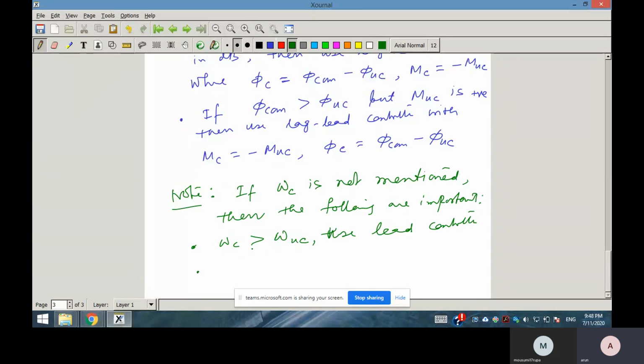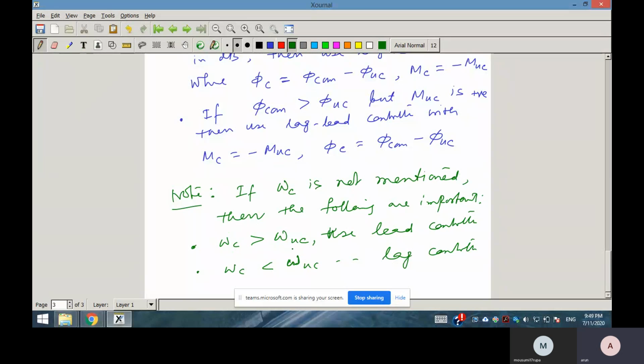If omega C is less than omega UC, use a lag controller. And for a lag-lead controller, well, this is a very important thing.